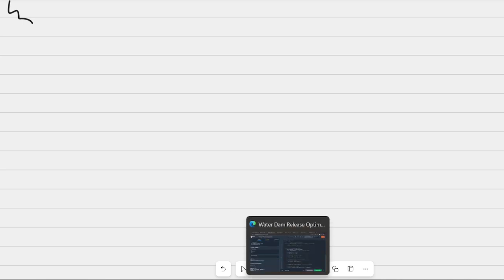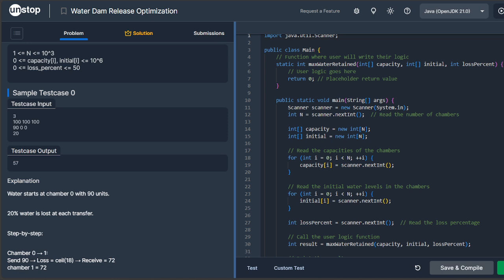The given sample test case is 100, 100, 100, 0, 20.